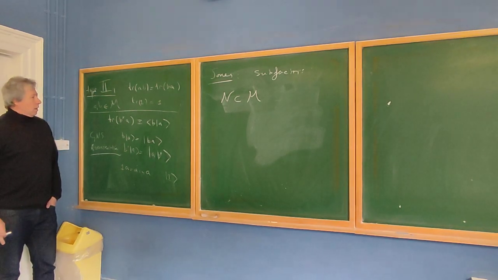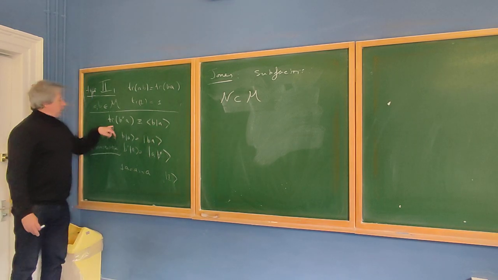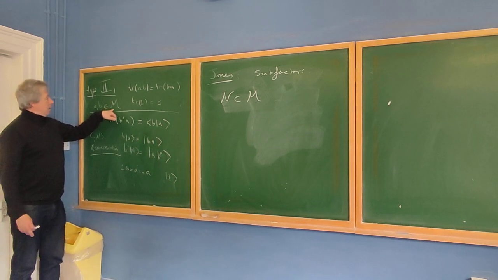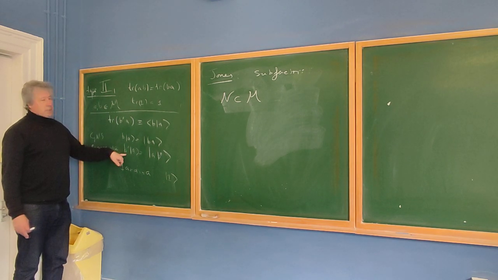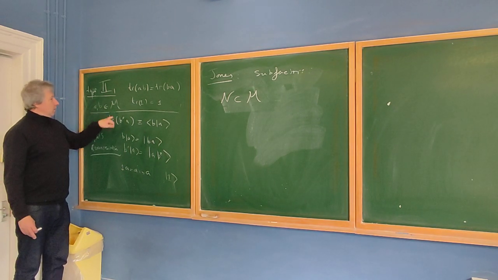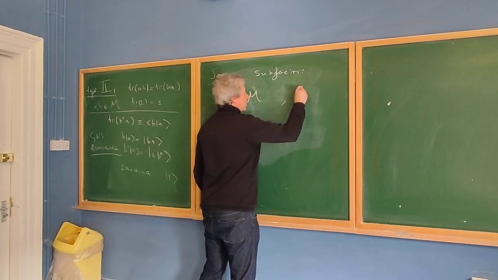Personally, I like to think in terms of some pictures. So here I had the algebra M, and there's also a representation of a similar algebra which I call M prime, which is kind of what we have here.